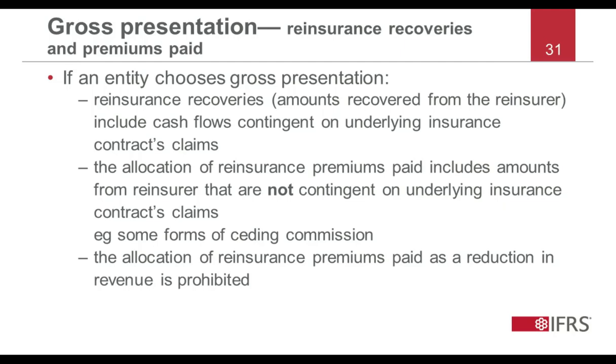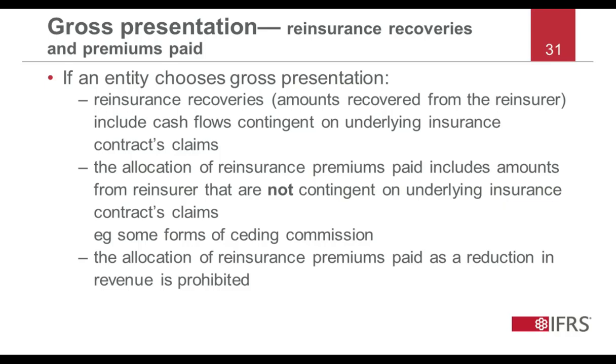If a cedant chooses the gross presentation, that is, to present a separate allocation of the insurance premium paid and reinsurance recoveries, it should treat reinsurance cash flows contingent on claims on the underlying insurance contract as part of claims that are expected to be reimbursed, that is, as part of reinsurance recoveries. For example, some types of profit commission.